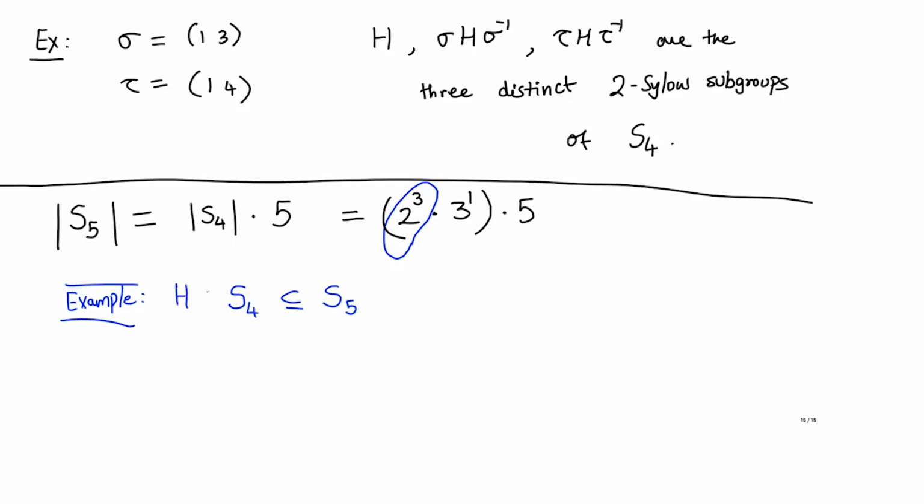So inside S4 I already had my 2 Sylow subgroup H, and this guy has cardinality 8. This is the one we just did. So this 8 element subgroup is a Sylow subgroup of S4, but it's also a Sylow subgroup of S5, because the power of 2 you are looking for is still the same. So observe, the same answer works. H is also a 2 Sylow subgroup of S5.